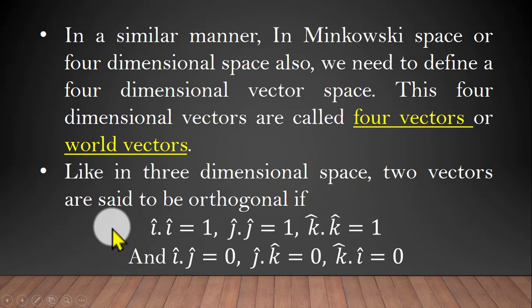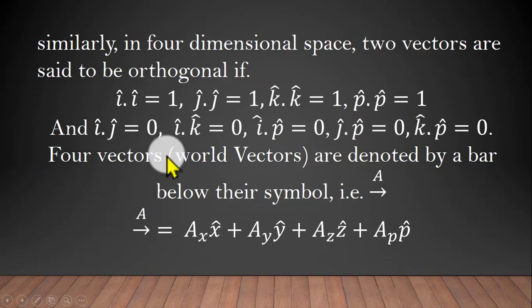In a similar manner, in 4-dimensional space, suppose we define the 3 vectors, as you know, for the space coordinates. We denote the same unit vectors here, i, j and k, for the x, y and z coordinates, and for the iota ct, suppose we define a unit vector as p cap. In 4-dimensional space also, if 2 vectors are orthogonal, they must satisfy this condition, that is, the product of a unit vector in 4-dimensional space with itself will give you 1, and its product with any other unit vector will give you 0. That is, i dot i will give you 1.